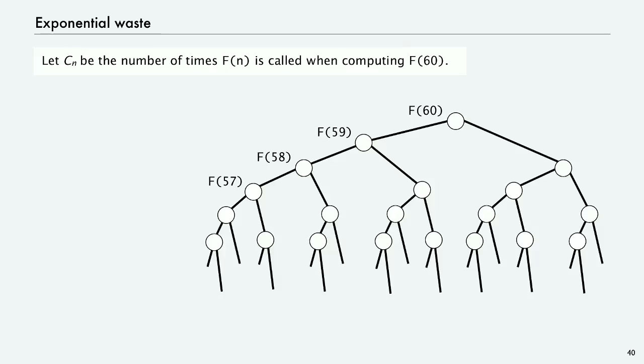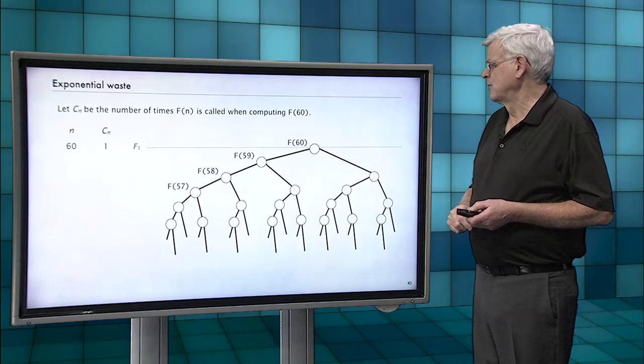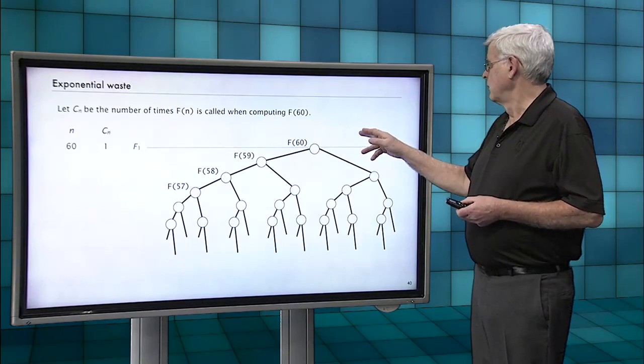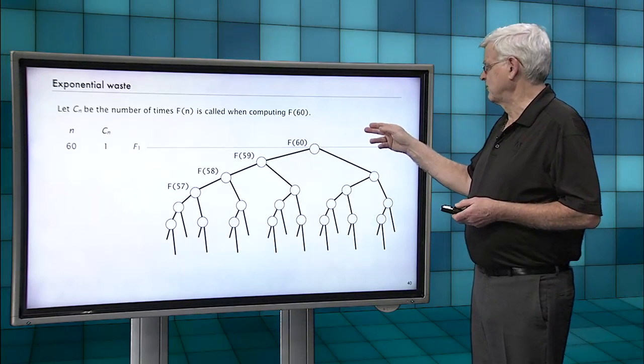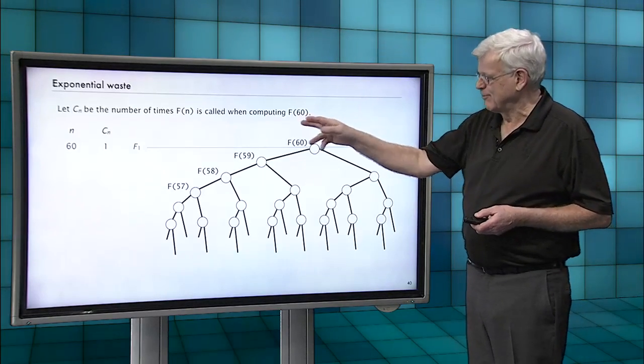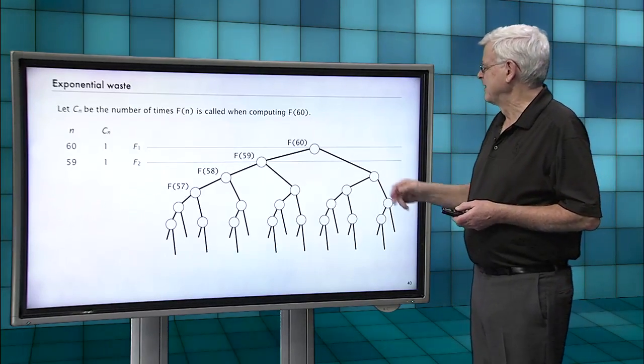We'll define the number of times that f of n is called to be c sub n. If we're computing f of 60, then we call f of 60 just once. We'll note that that's f of 1, the first Fibonacci number.